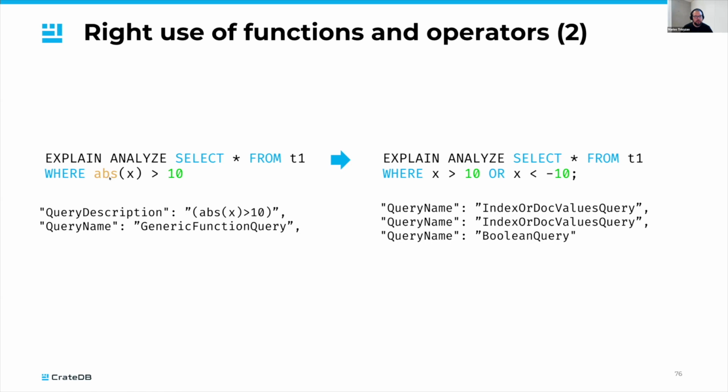It's again a built-in function, and it's a generic function query executed for Lucene. Again, full table scan, but we can easily rewrite that to this expression. So x greater than 10 or x less than minus 10, and this will be translated to a much more performant Lucene query using the indices.